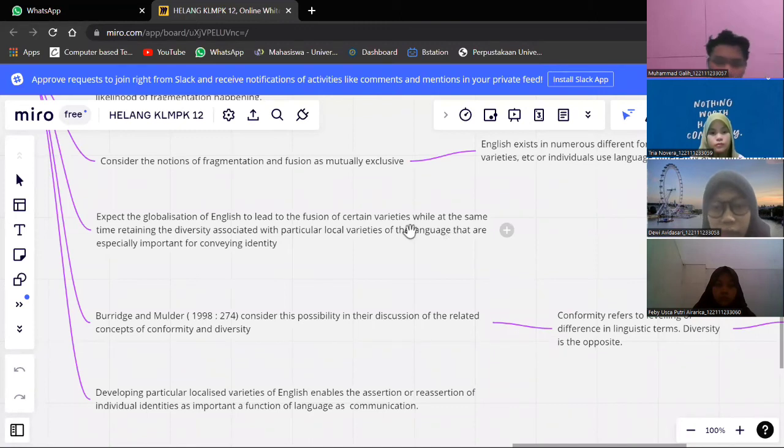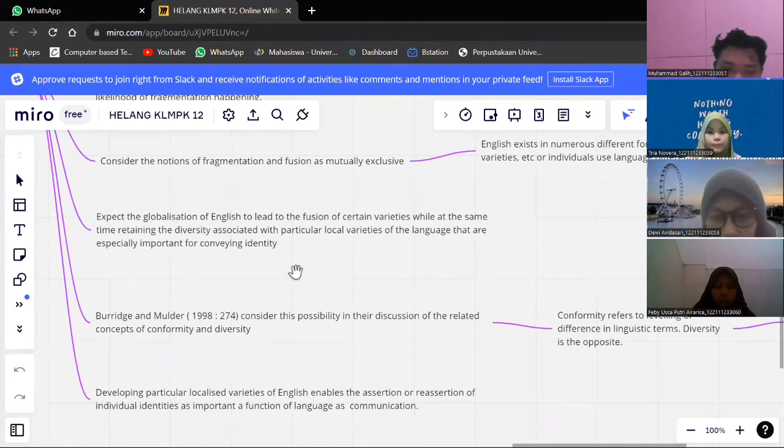We expect the globalization of English to lead to the fusion of certain varieties while at the same time retaining the diversity associated with particular local varieties of the language that are especially important for conveying identity.